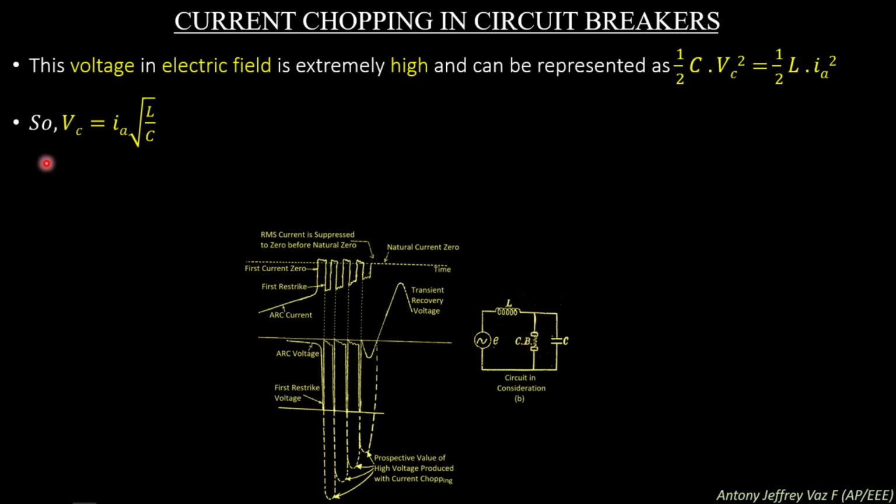So we can come up with a simplification. The total voltage across the capacitor VC will be equal to the arc current IA into the square root of L by C, where L is the total inductance of the system and C is the total capacitance of the system.